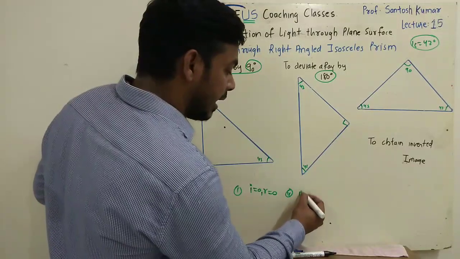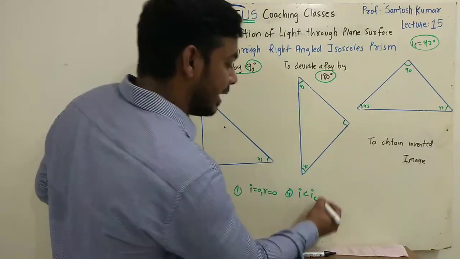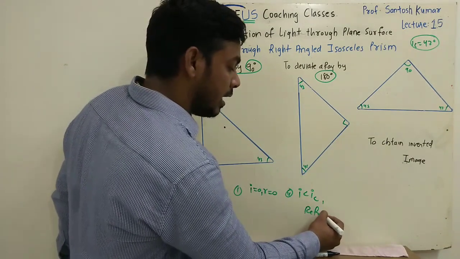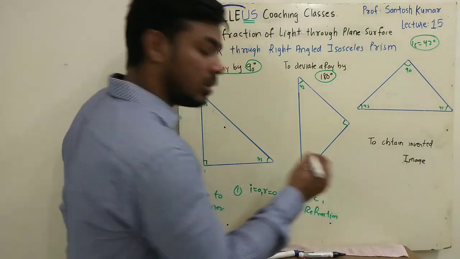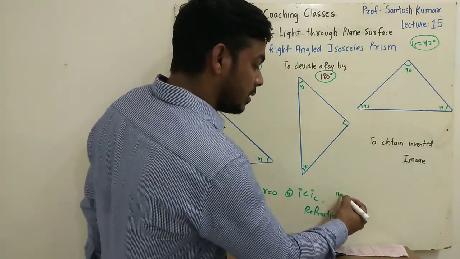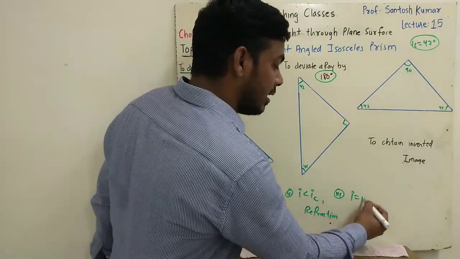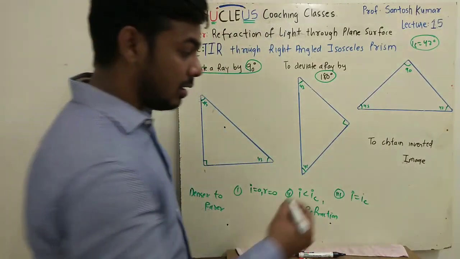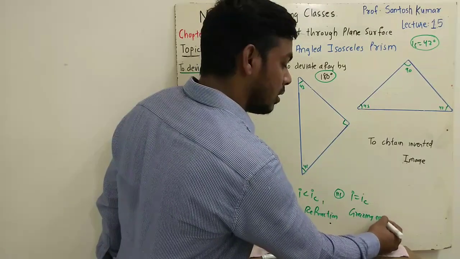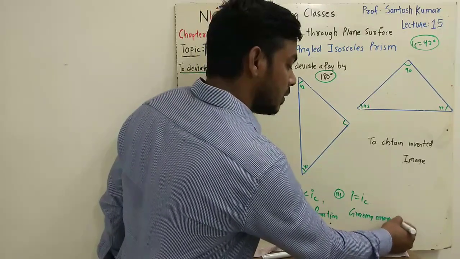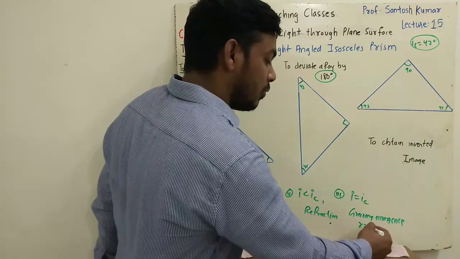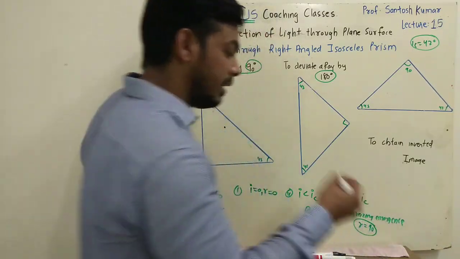The second case explains that if the angle is less than critical, what happens over there? Refraction occurs. That means the ray will get refracted into the rarer medium. Third, if angle is equal to critical, grazing emergence will occur, and grazing emergence means the angle of refraction becomes 90.